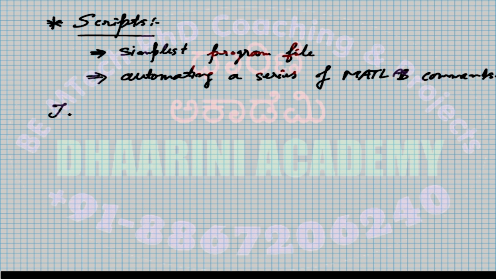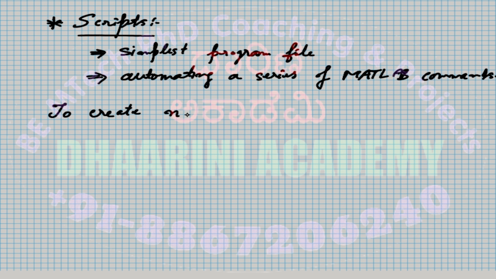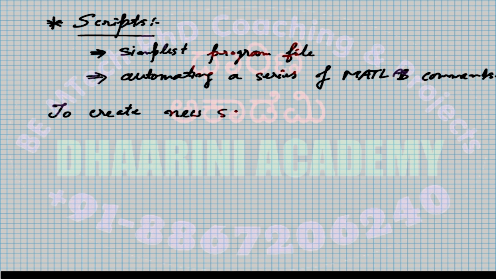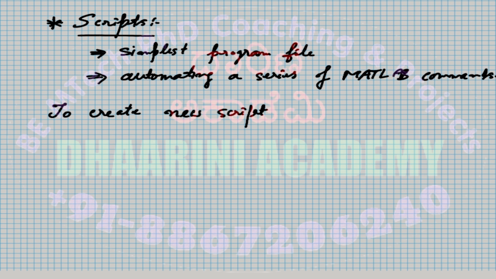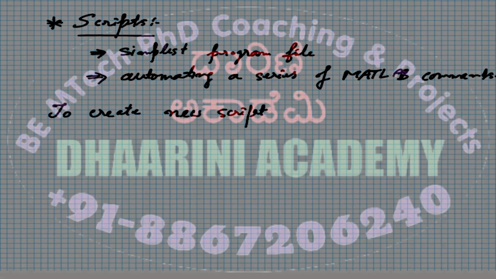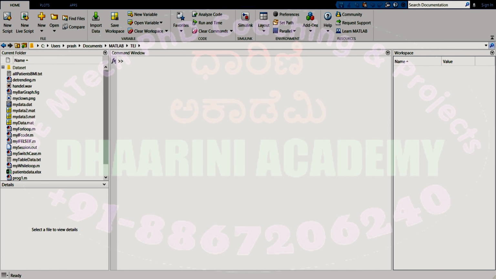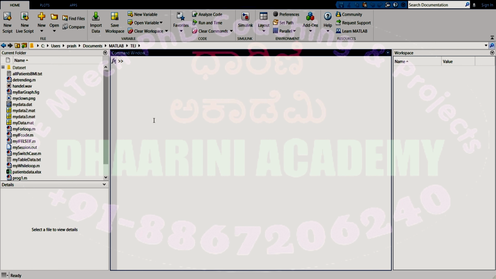So what are the options to create the new script? We have multiple options. All right, let's just check what all options we have in MATLAB. So the first option is directly you can go to the MATLAB command window.